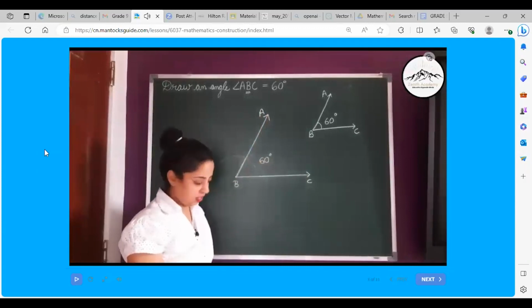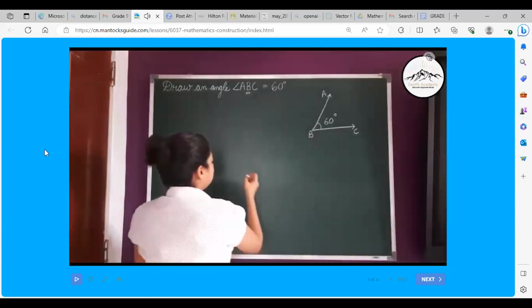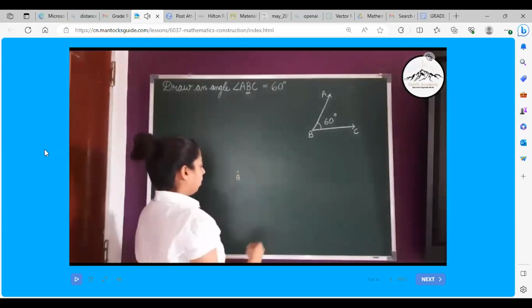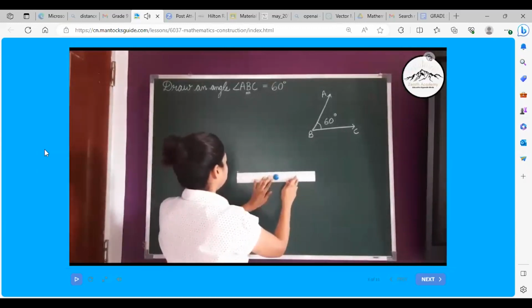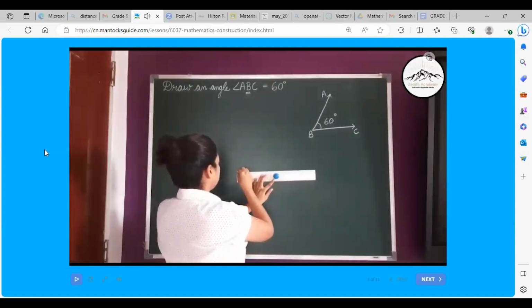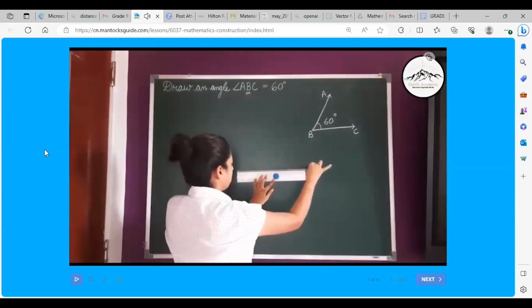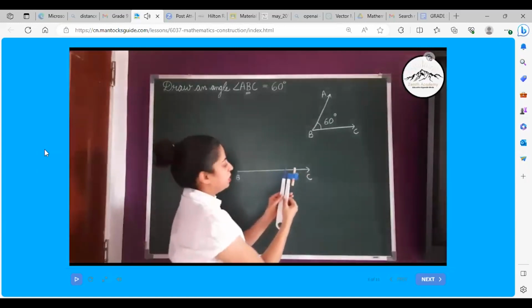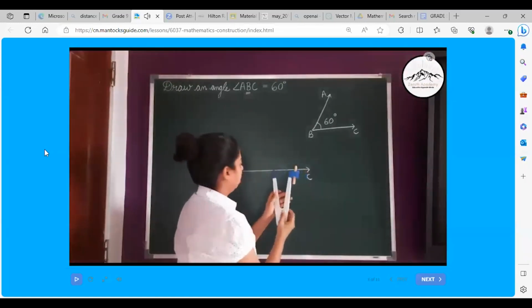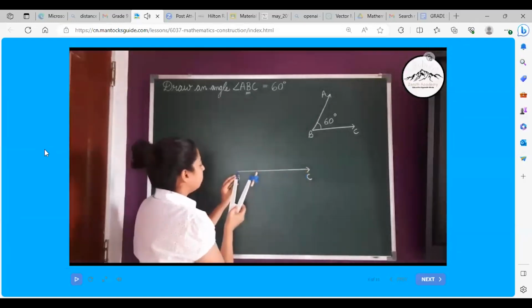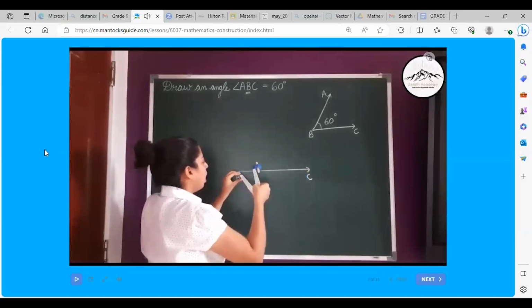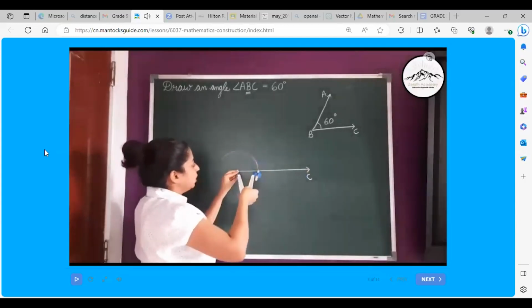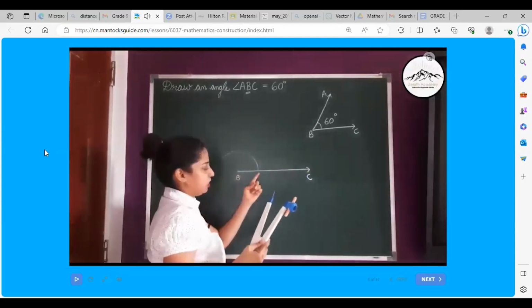I'll show you again. First draw the ray BC. So make a point B and draw the ray BC. Take the compass, stretch it, keeping the pointer at B, draw an arc such that it meets this line BC.